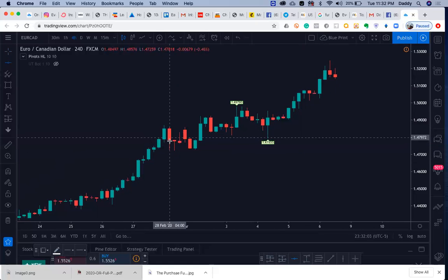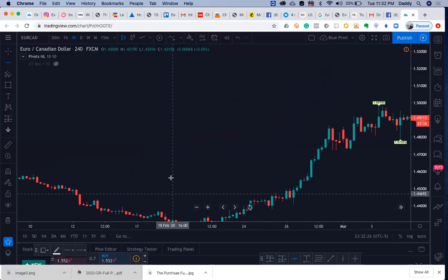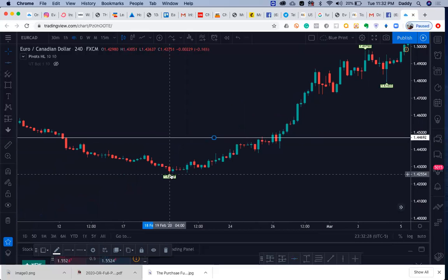A hammer? Nope. We don't know yet. Could be, but it's not the definition of a hammer, because a hammer says that the body has to be closing close together. In addition, a hammer is preceded by a downtrend. A shooting star is preceded by an uptrend. So your hammer would be down here, because you have a downtrend.